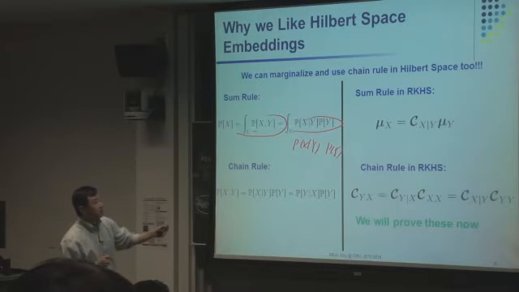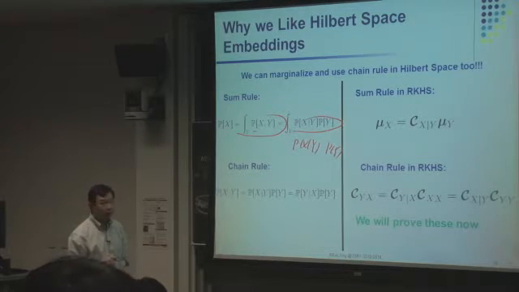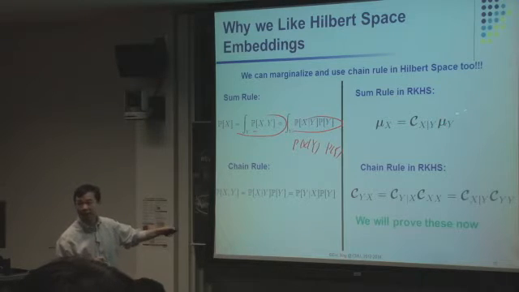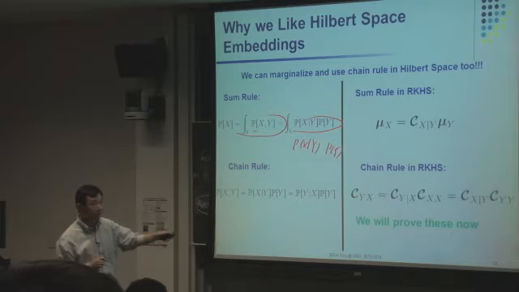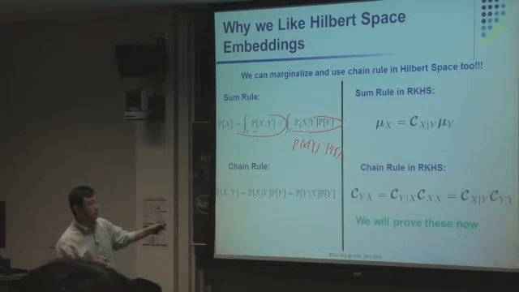And we claim that this same rule can be realized in the Hilbert space using this operator, which is kind of unintuitive, but symbolically they give you the same idea. Basically, there is a representation of the marginal of y now by a mean map. This is the mu y. Recall this is called the mean map of a single univariate distribution. And then this is a conditional distribution operator, which corresponds to this one.